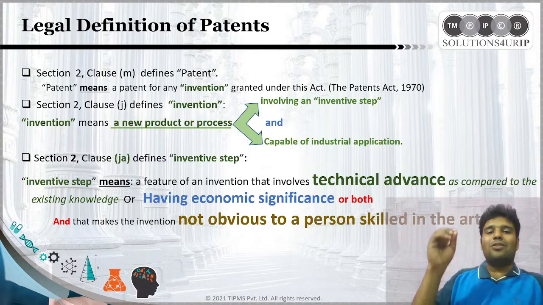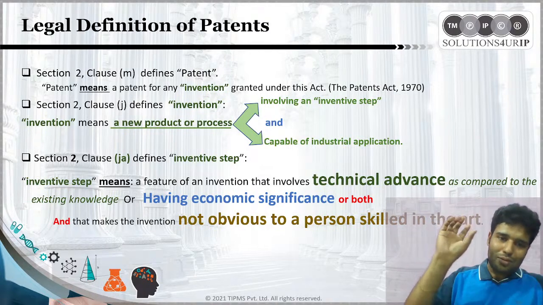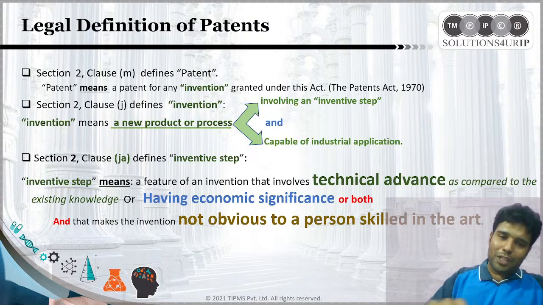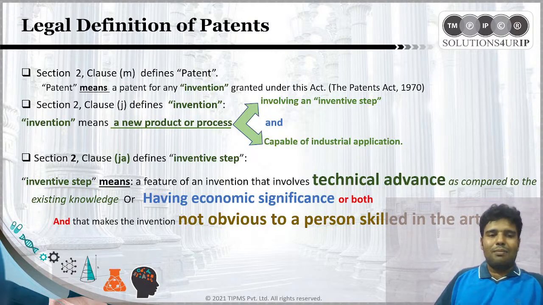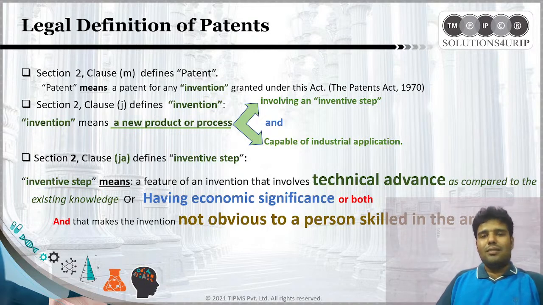This patent, section 2(m), memorize it and write it 20 times at your end. Patent means a patent for any invention granted under this Act. Not patent is defined as, and not patent includes. You should say patent means.